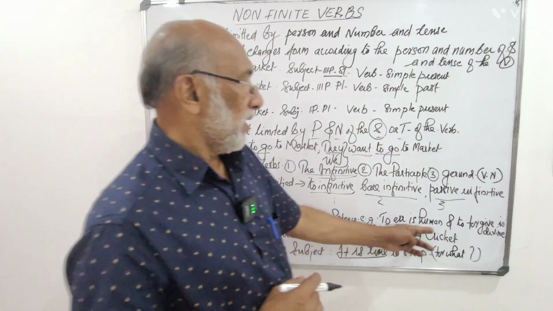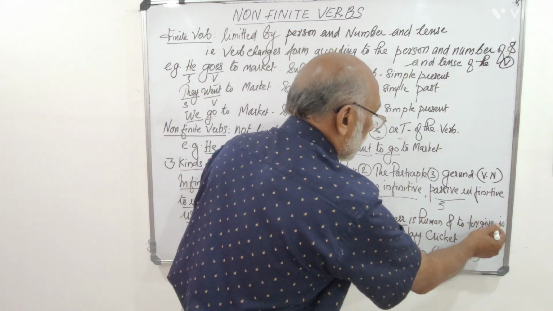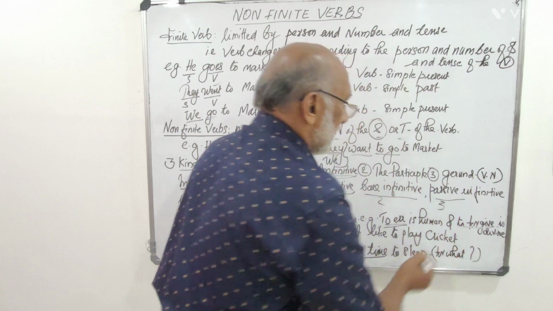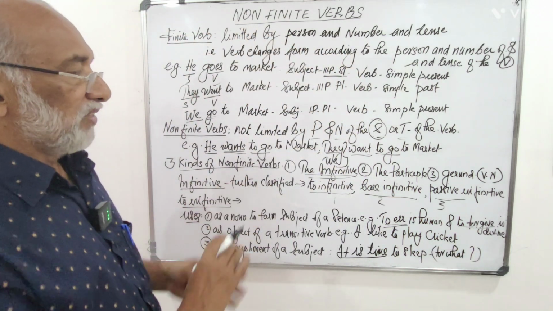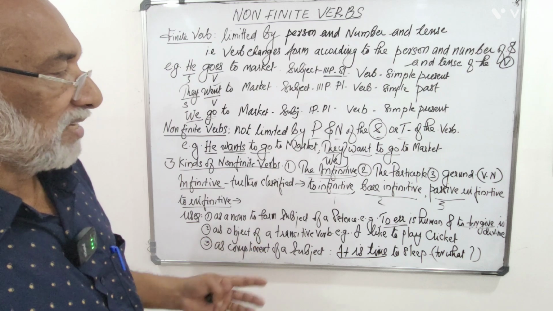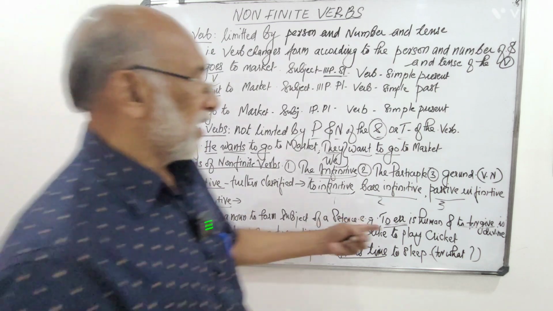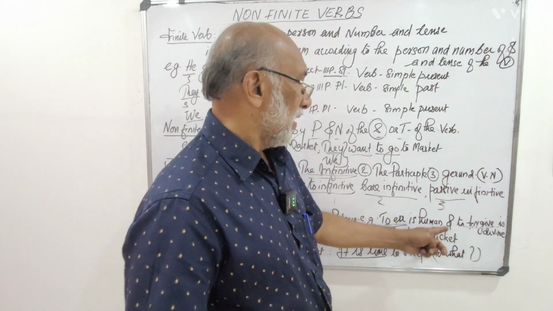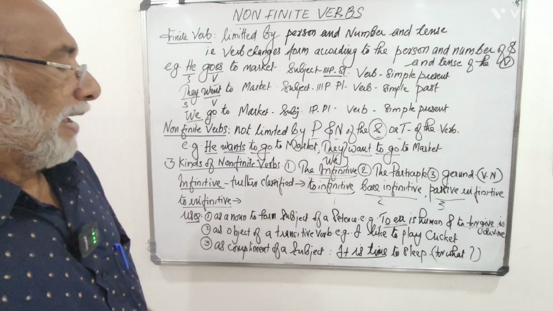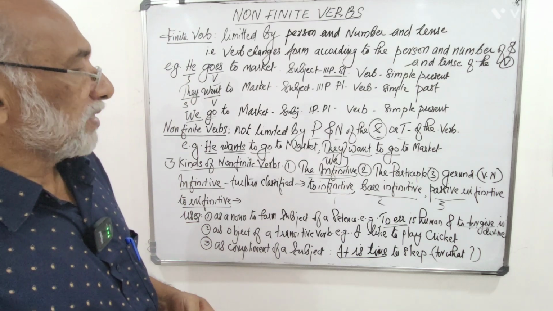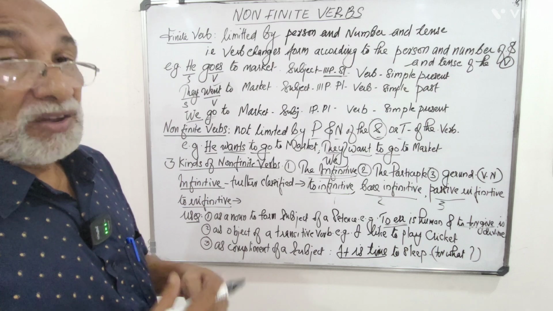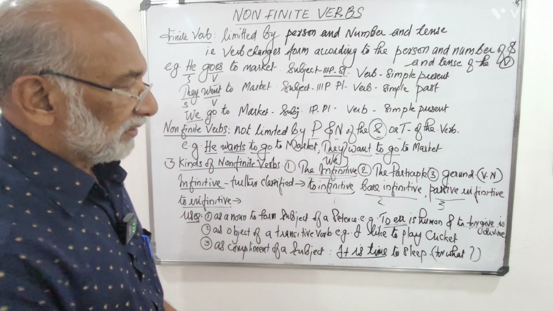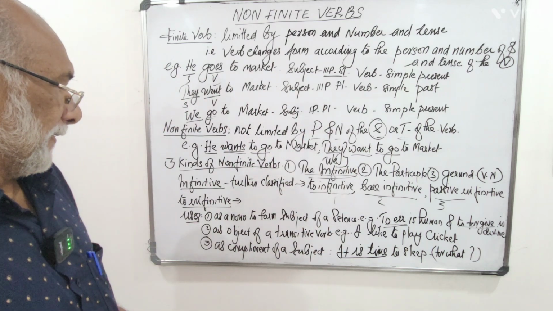Again, to forgive, that is another infinitive, and it's a compound sentence. There are two clauses, to err is human, to forgive is divine, connected by and. In both these clauses, to err and to forgive form the subject of the sentence.